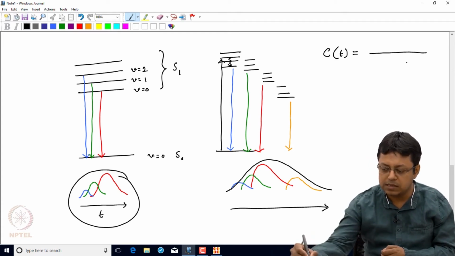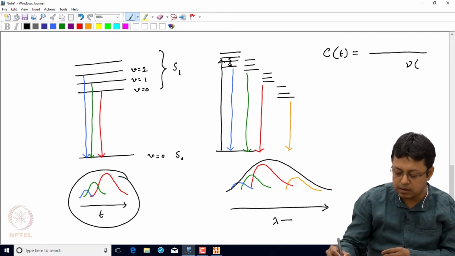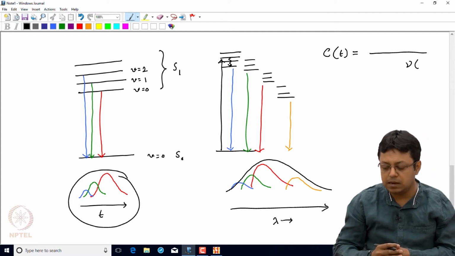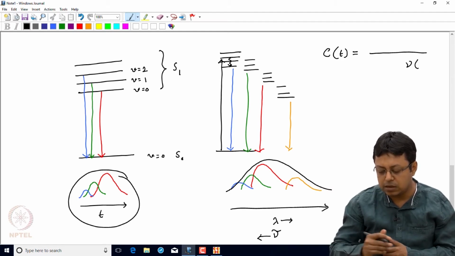So if I call the center of the spectrum nu, nu is the frequency unit, and the way I have drawn it is basically on the scale of lambda, in the sense that the wavelength increases, but the nu, or more specifically the nu bar, the wave number, actually decreases.